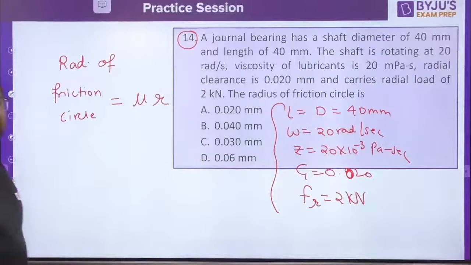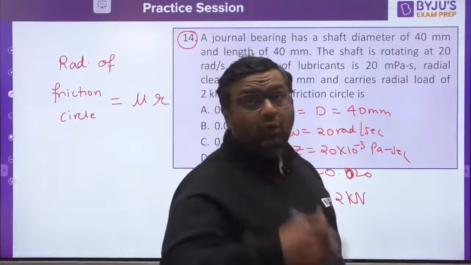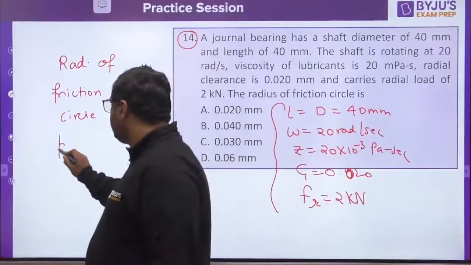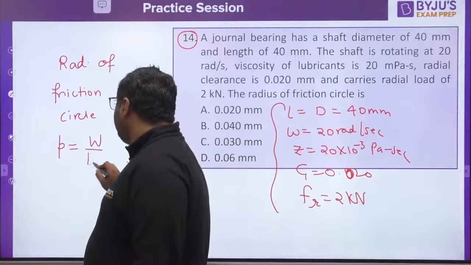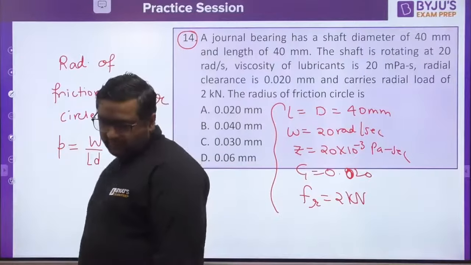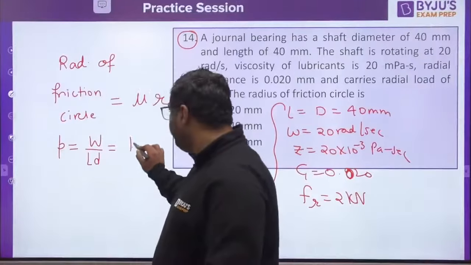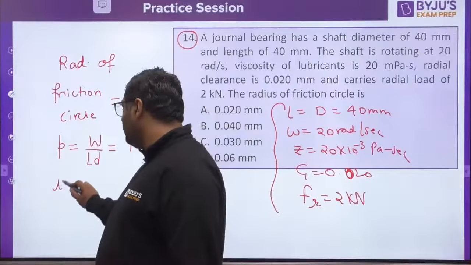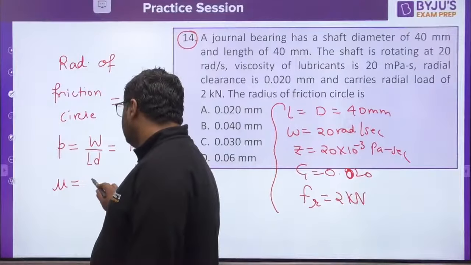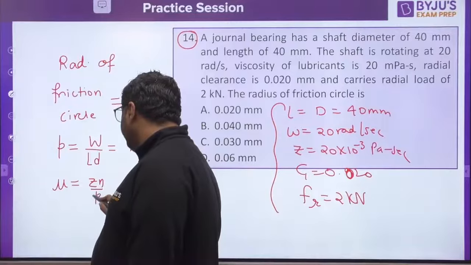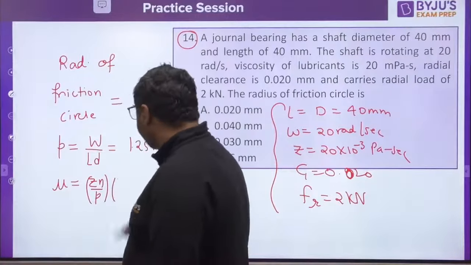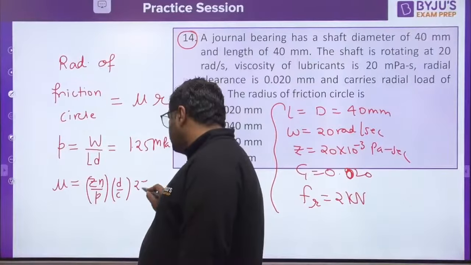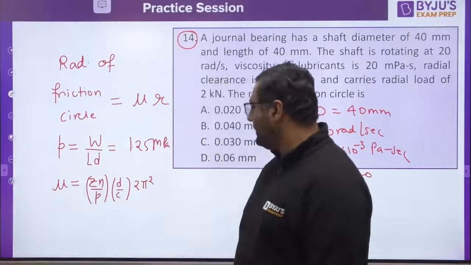Okay, Captain Raj is getting D. Yes, Rohan. First of all, you need to find out the pressure W by LD. This will give you pressure to be 1.25 MPa. Then you know coefficient of friction is Zn by P, D by C, 2 pi square or 2.006 pi square.